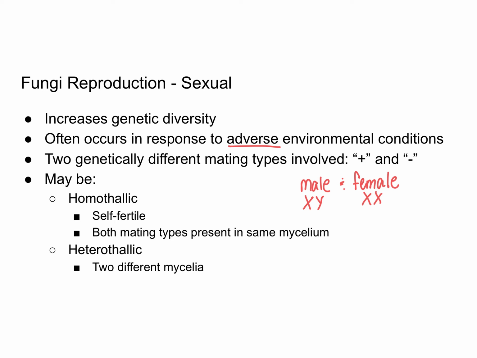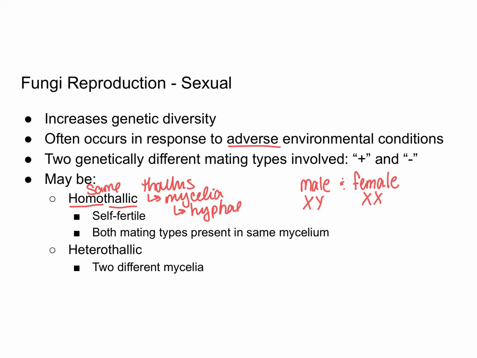Some sexually reproducing fungi are homothallic. Homo means same, and thallic refers to the thallus. Remember, the thallus is made up of the mycelia, which are made up of the hyphae.